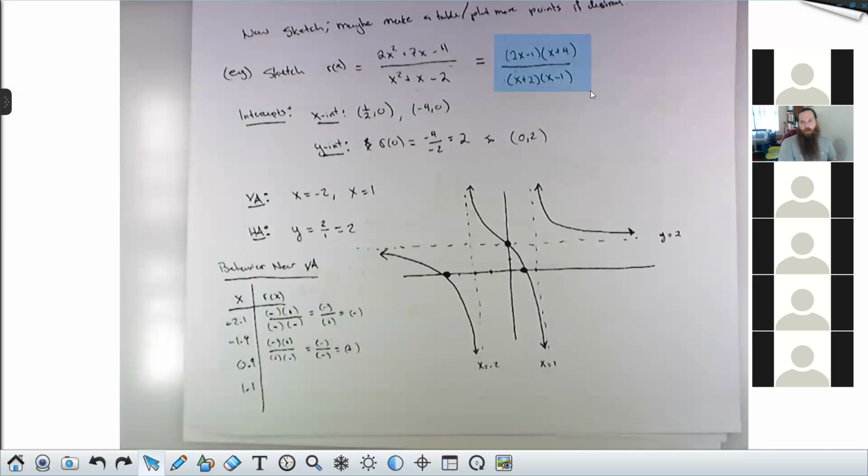All of these factors are odd multiplicity. They're all multiplicity 1. So every time I jump over this x-intercept or this vertical asymptote or this x-intercept or this vertical asymptote, every time I will change sign, meaning I'll go from above to below or below to above. So as soon as you know one little piece, you can figure out everything else.